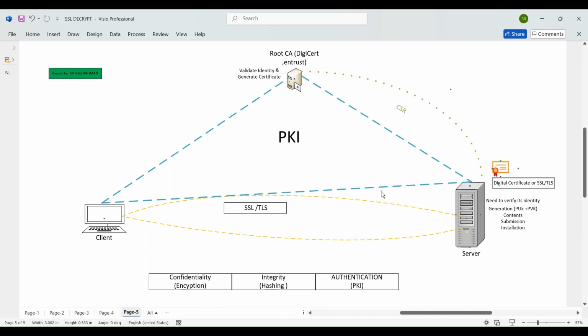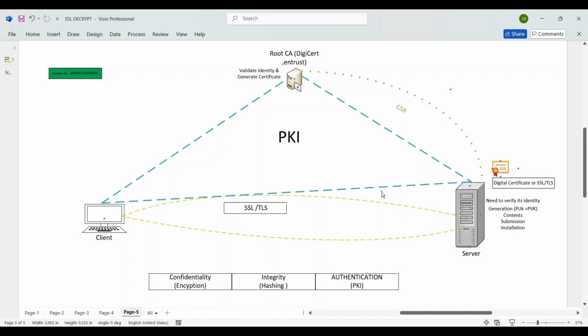So there is nothing like a private key only encrypting or only decrypting, right? The one which you don't want to share with customers or other people outside, that is the private key. And the one which you will share is the public key. Suppose two keys, A and B, have been generated.